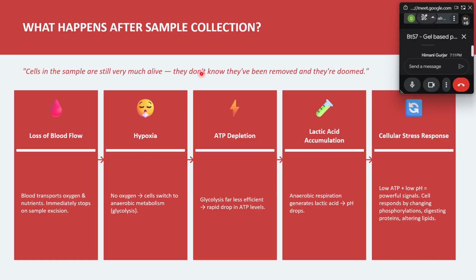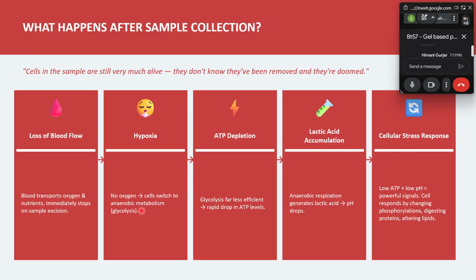Inside the body, the way blood is going through, and outside the body, the way it is going through, is a little different. Cells in the sample are still very much alive, and they don't know that they have been removed. There is loss of blood flow, so oxygen and nutrients are not getting exchanged. That immediately stops as soon as you take out the sample.